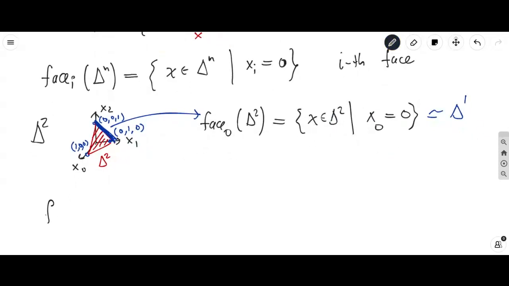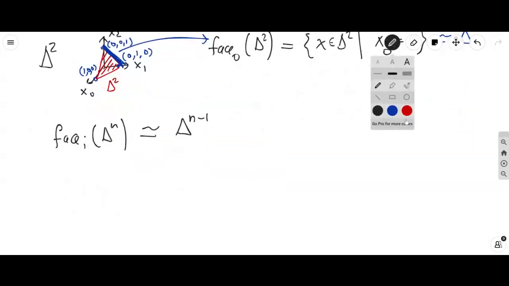So in general, the ith face of delta n is homeomorphic to delta n minus 1. And the homeomorphism is actually fairly simple.